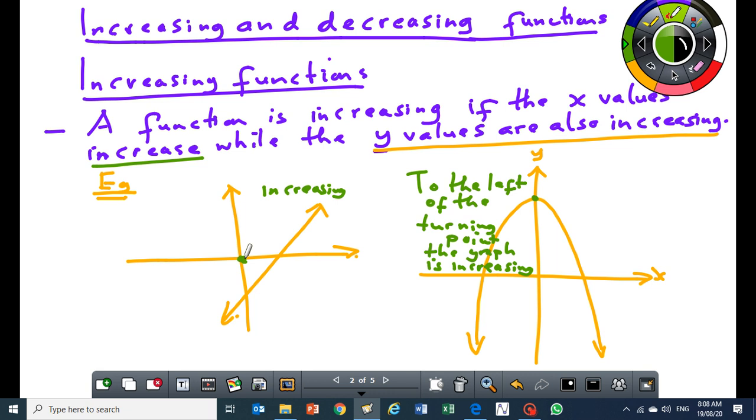Up. Now because the y values are starting from the bottom, they are increasing. You don't start from here, please. You start from the bottom. Okay? Right.